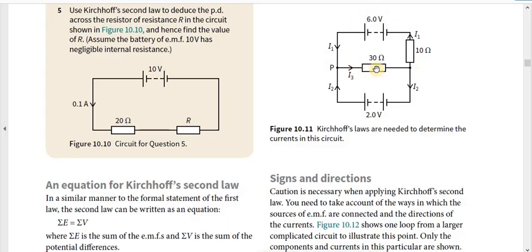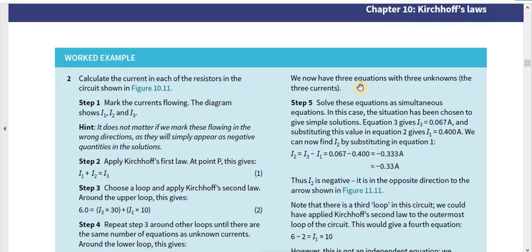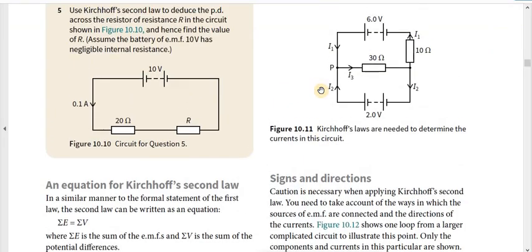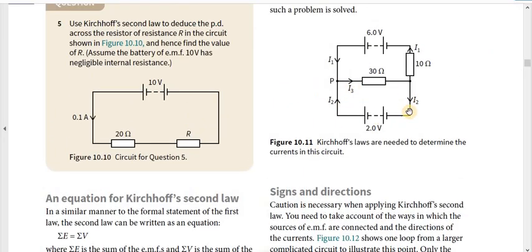When you are considering the upper loop, you have to forget about this other loop here. So it's only this loop we are considering. Now imagine this part is not there. So it's just this that is there.